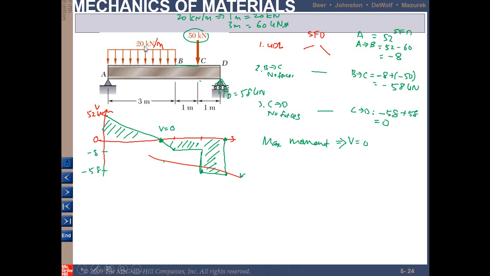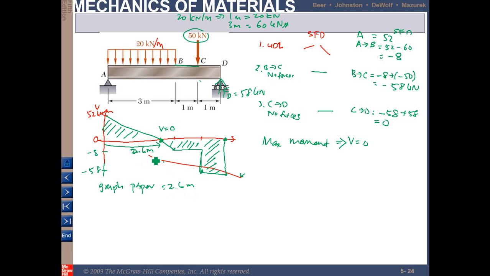So if you draw this shear diagram on a graph paper, you can get actually this distance is 2.6 meter.